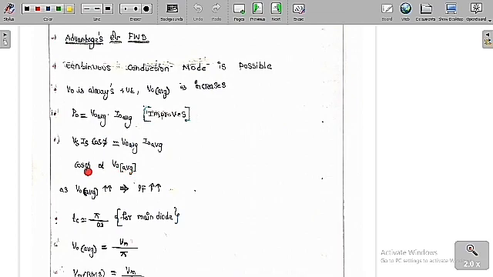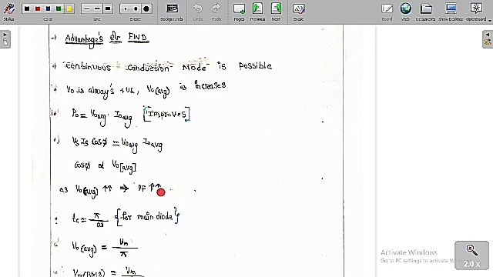So as the output voltage average value increases, the input power factor also increases.